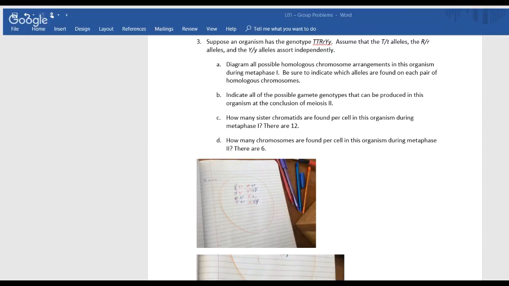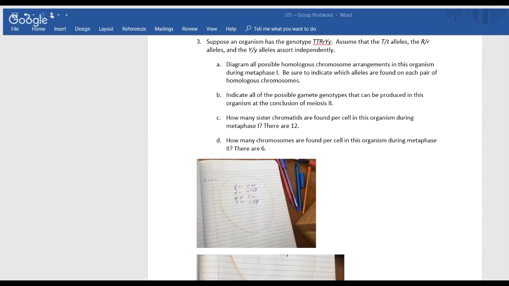can sort independently. So we got big T and little t. And ultimately, big T's can go, so here's the homologous chromosomes, and they can go with big R, little r. And big T can also go with big Y, little y, independently. So that's the mix and match there during metaphase 1 after independent assortment in prophase 1.